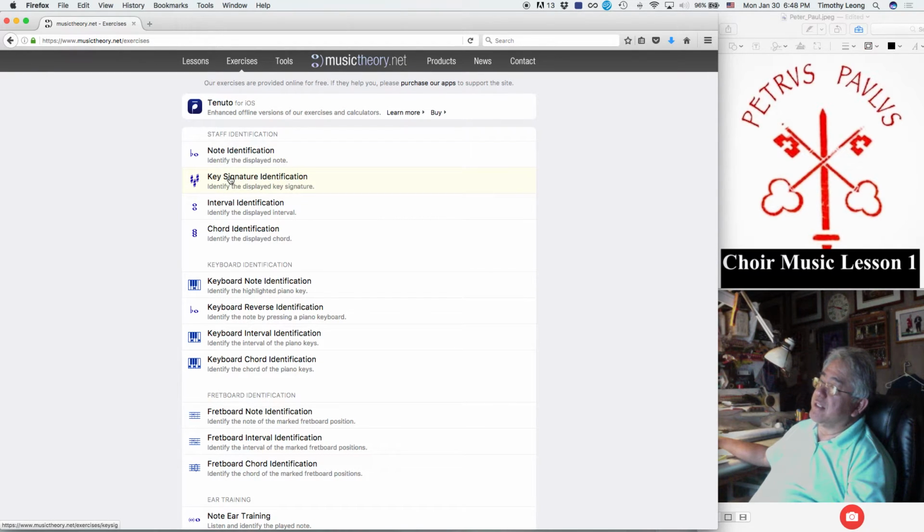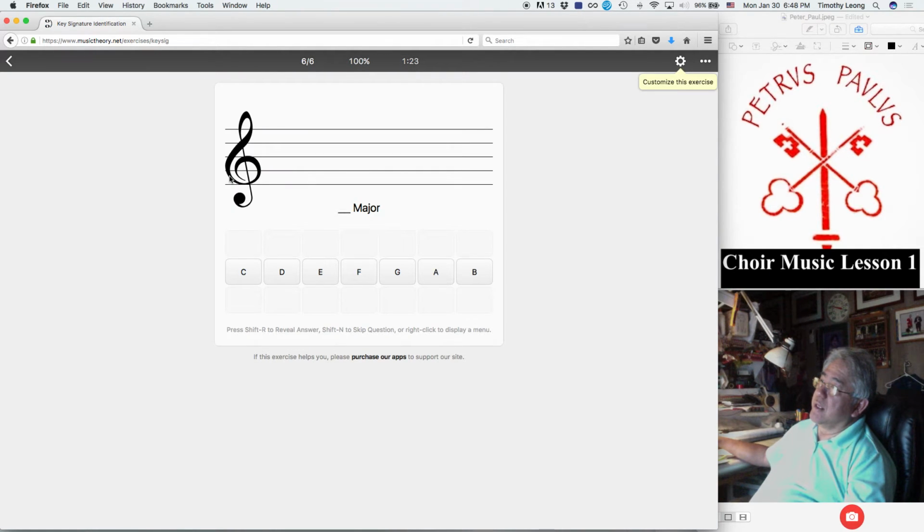Again, key signature identification. This is going to ask for a major key. Do you see any sharps or flats here? No. Okay. So the rule is if there are no sharps or flats, which is how you start, it's always the key of C major.